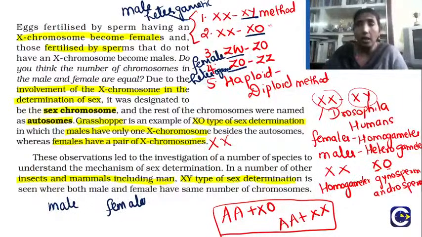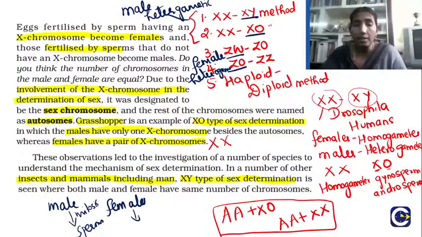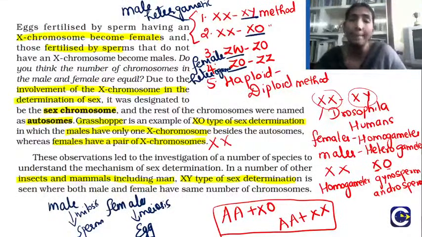In the males, sperms will be produced by the process of mitosis. In females, meiosis occurs and forms the eggs. The unfertilized eggs will develop into males.